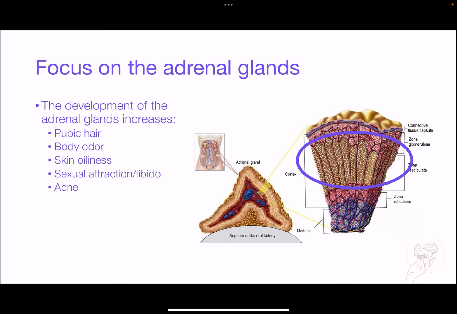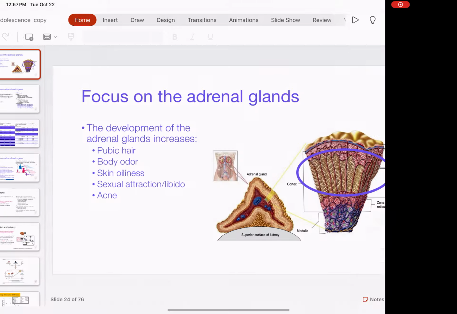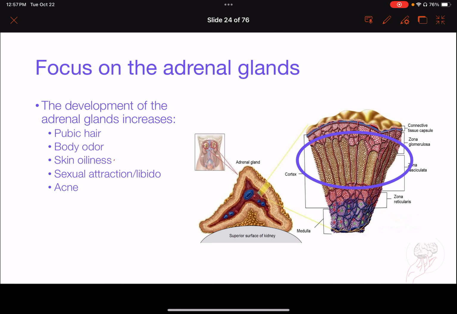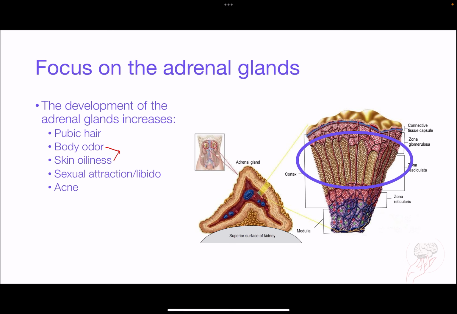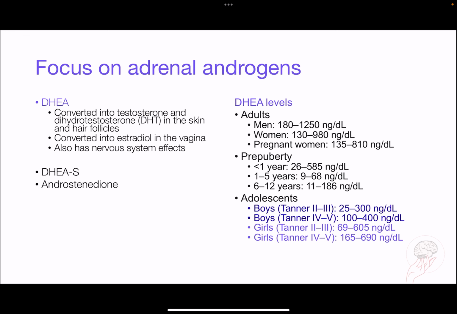So it's this development of the adrenal glands that increases pubic hair, body odor, skin oiliness, which I'm sure were our favorite parts of puberty, but also sexual attraction and libido, as well as acne. So if we look at the adrenal androgens, like I mentioned, we have DHEA, and DHEA is a pre-testosterone.